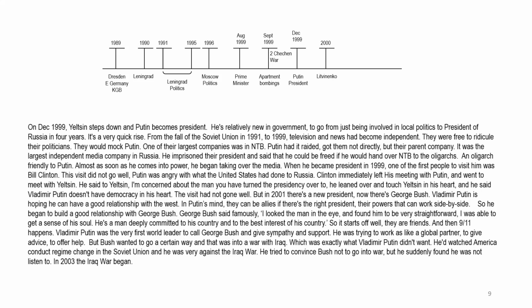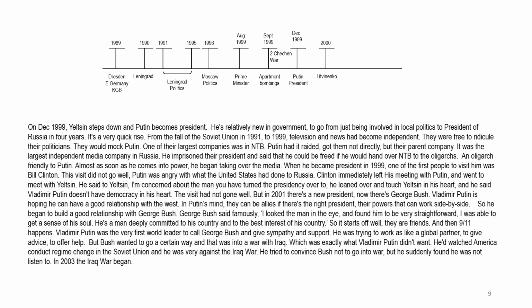It was the largest independent media company in Russia. He imprisoned their president and said he would be freed if he would hand over NTV to an oligarch friendly to Putin. Almost as soon as he comes into power, he began taking over the media.